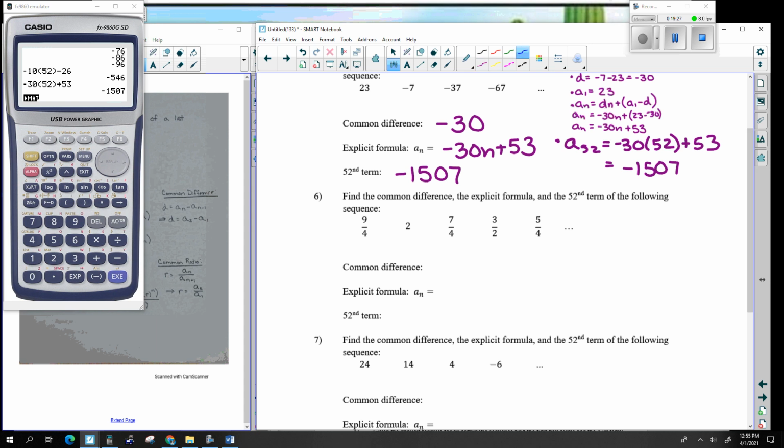Okay, so put it in repeat. So the difference is going to be 2 minus 9/4. The first term is 9/4.